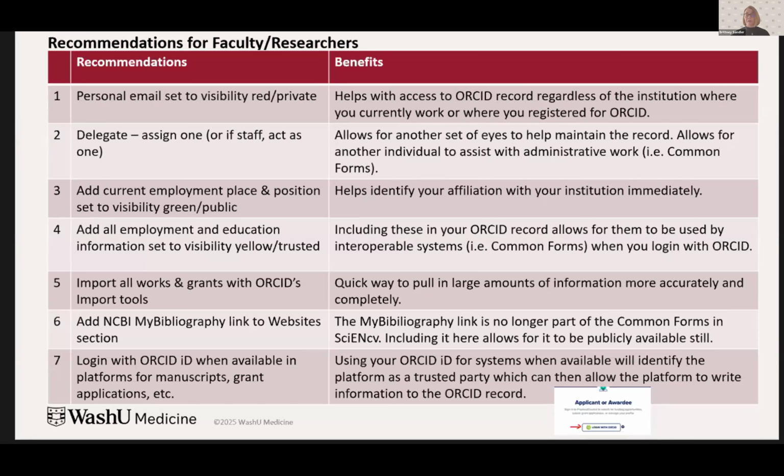We have frequently had faculty who have come to WashU from other institutions, and at that other institution is where they registered for their ORCID ID and their ORCID record, and that's the only email associated with it. If you put a personal one in there, then regardless of what institution you're working at, if you move around and have a new institutional email, having your personal one there still gets you access to your ORCID record, even in the interim. So that's a big recommendation.